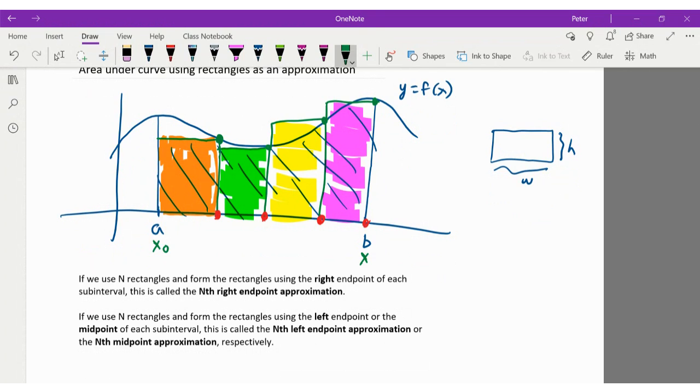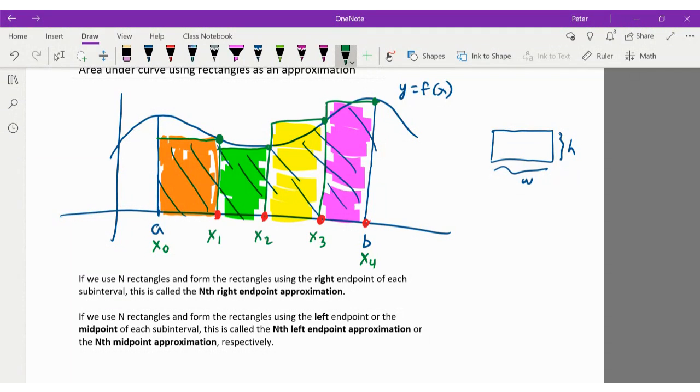And since I'm creating four subintervals, B gets the name x4. I'm not saying we're always going to use four subintervals, but because we did, we're going to call the last point x4, and then I give these the names x1, x2, and x3.